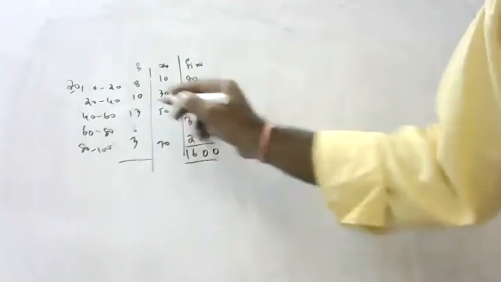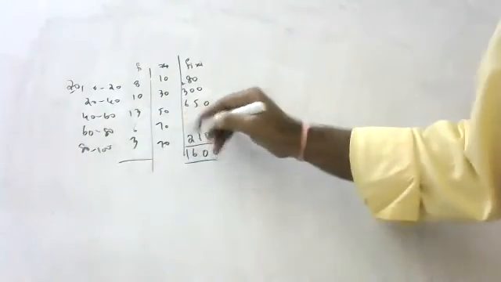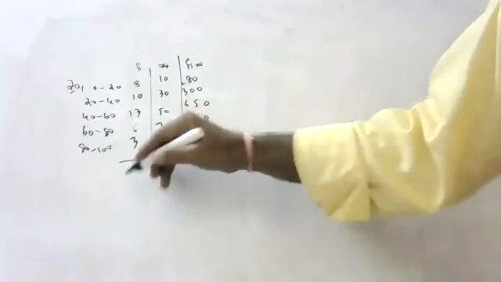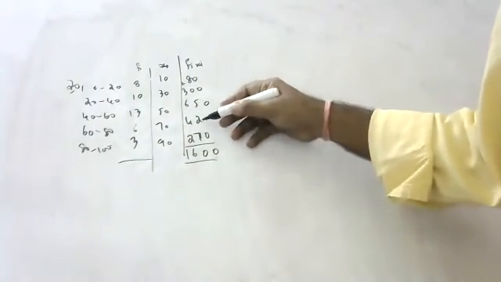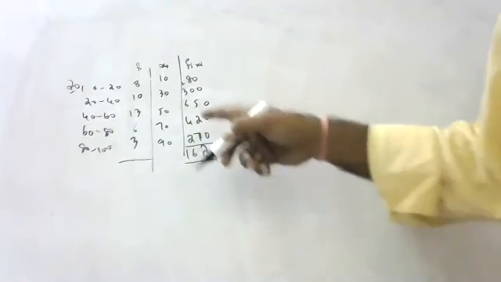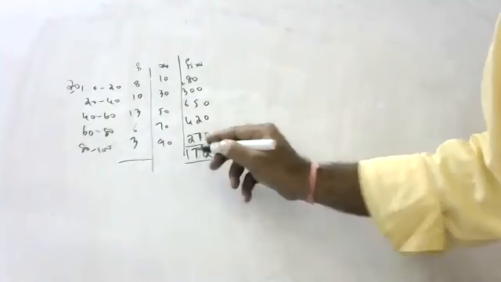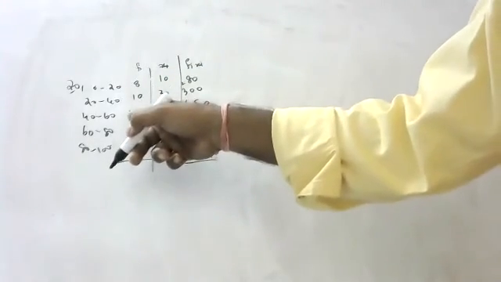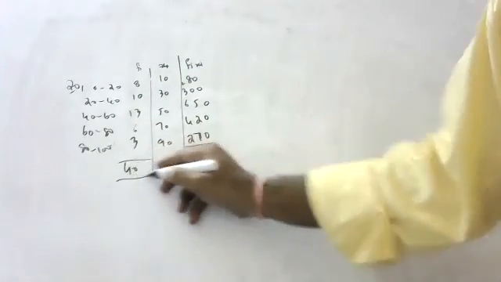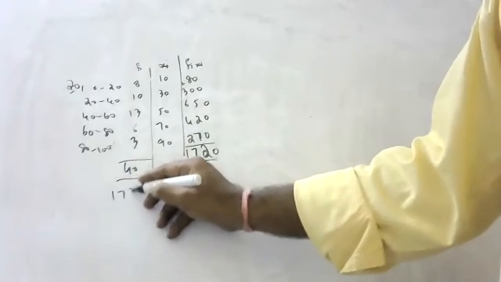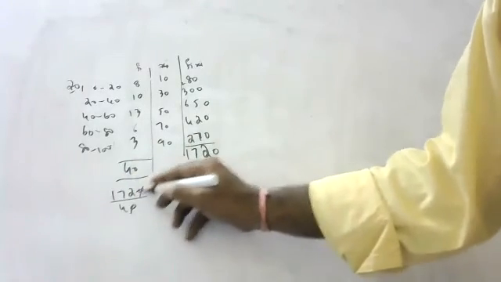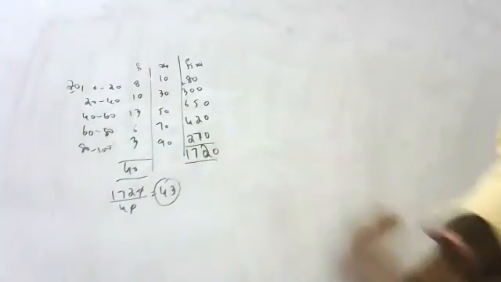After 50, 70 and 90. 8 times 10 is 80, 10 times 30 is 300, 13 times 50 is 650, 6 times 70 is 420, 3 times 90 is 270. Total fixi is 1720, and the sum of frequencies is 40. So mean is 1720 by 40, which is 43. Mean is 43. Option 1.